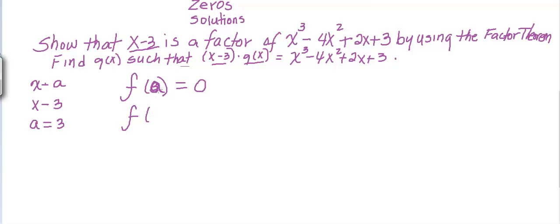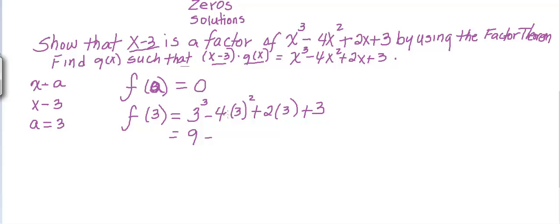In this case, a is 3. So f of 3 is equal to, and I'm going to substitute 3 in each one of these x's. It's going to be 3 to the third power minus 4 times 3 to the second power plus 2 times 3 plus 3. Let's see if we get 0. 9 minus 4 times 9, which is 36, plus 6, plus 3.